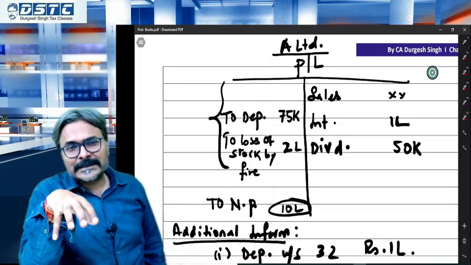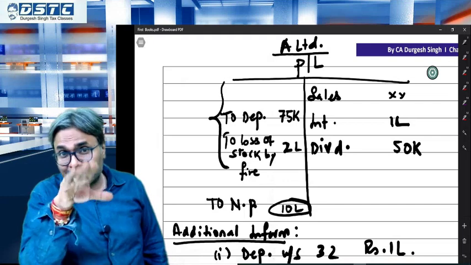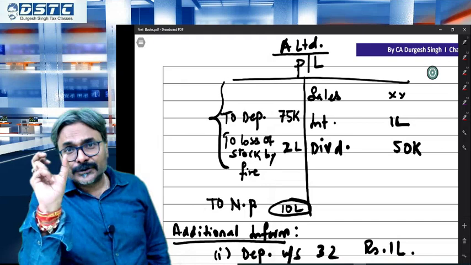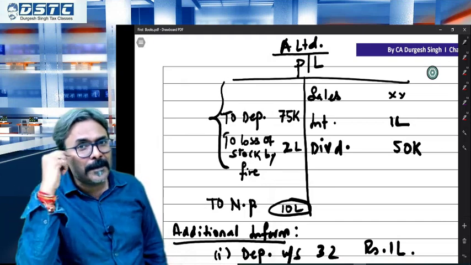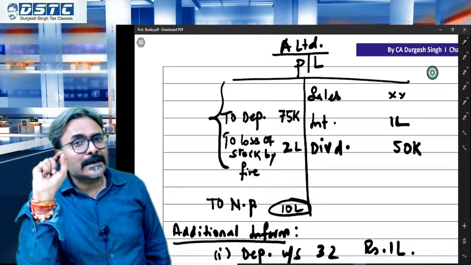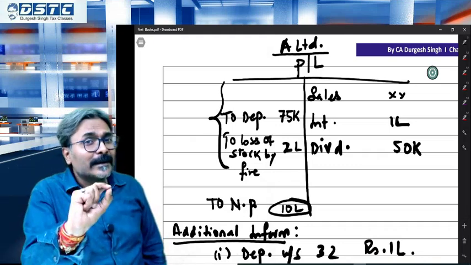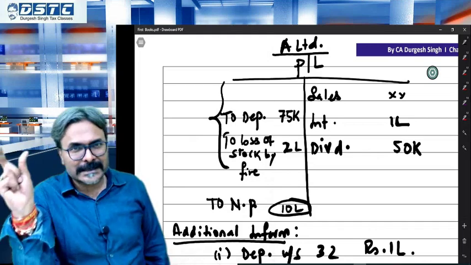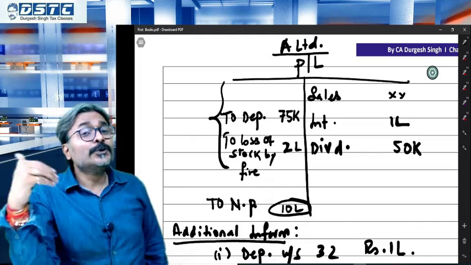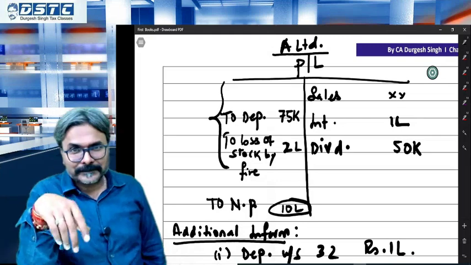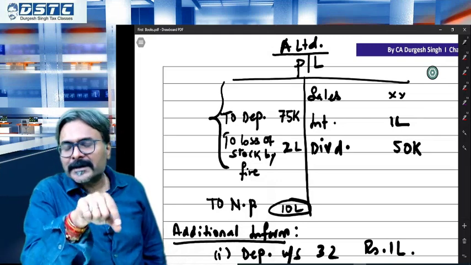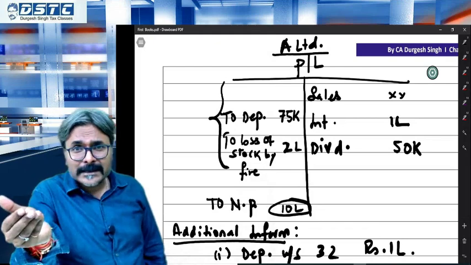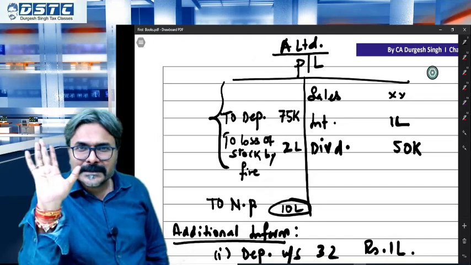So the amount which is chargeable under the head PGBP is nothing but the accounting income of that business, on which you are doing the adjustments.